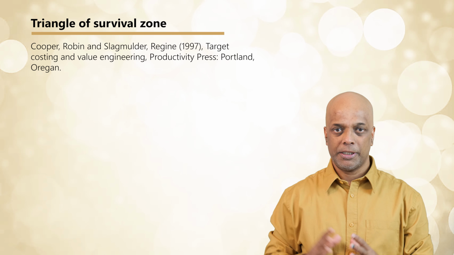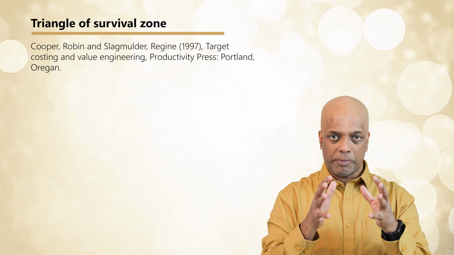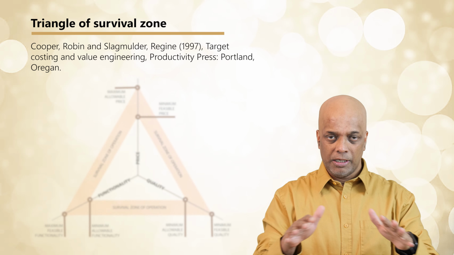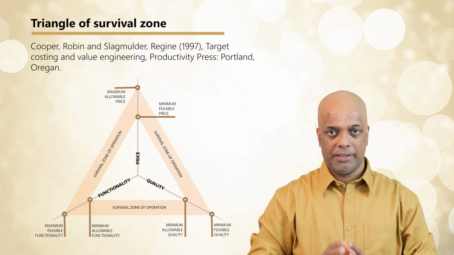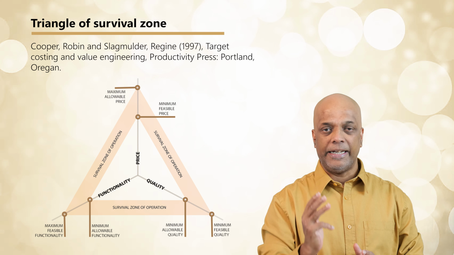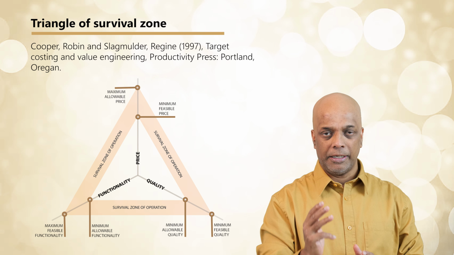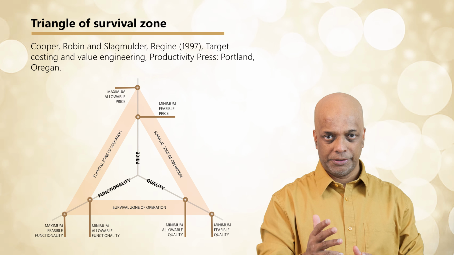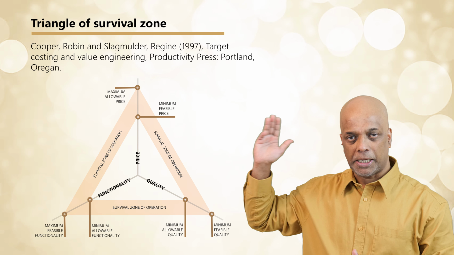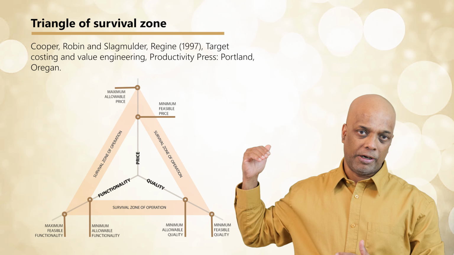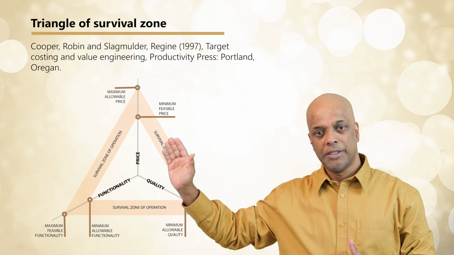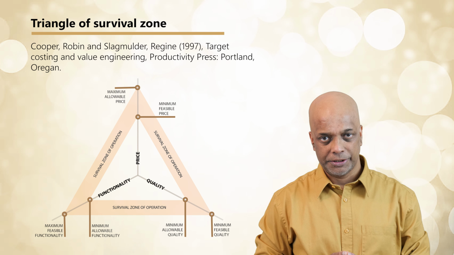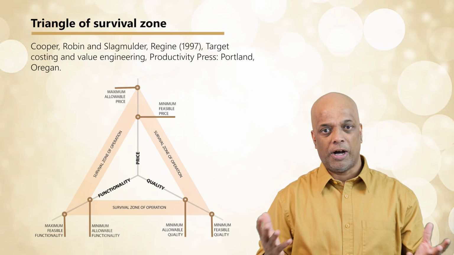According to this concept, a firm should operate within a survival zone, and that survival zone is defined by three highly interrelated marketing variables. The first one is price, and second one is quality, and the third one is product features or functionality.